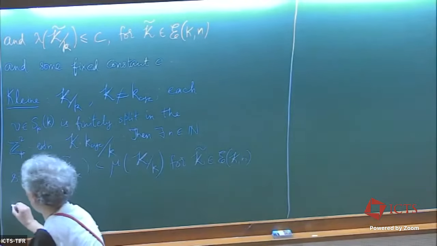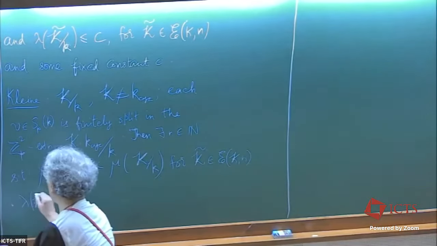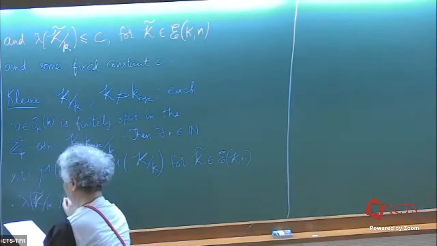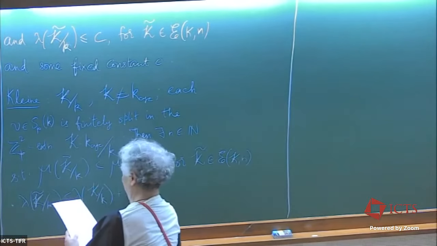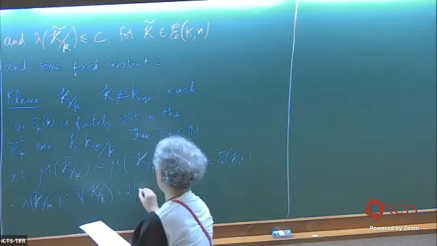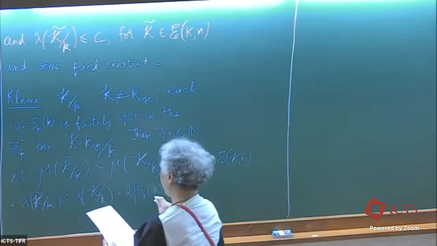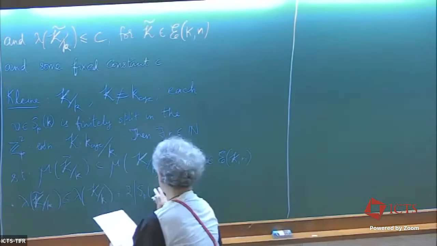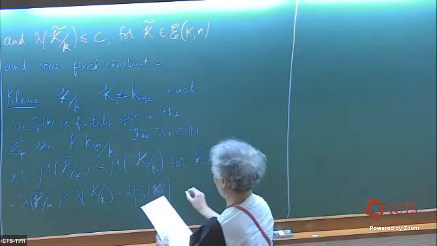And then you can give an explicit bound, and here the bound is attained. You can also bound the lambda invariant. This is less than or equal to lambda of K tilde over K plus 2 times the size of S_p of K minus 1.